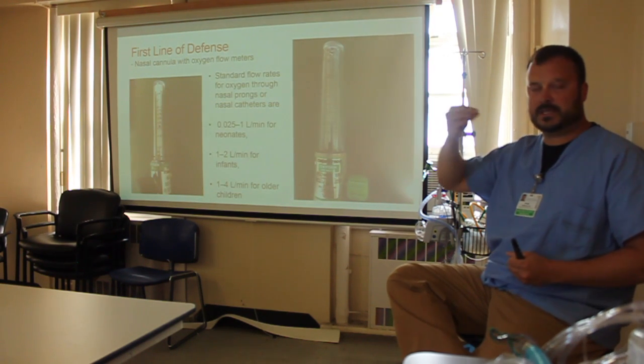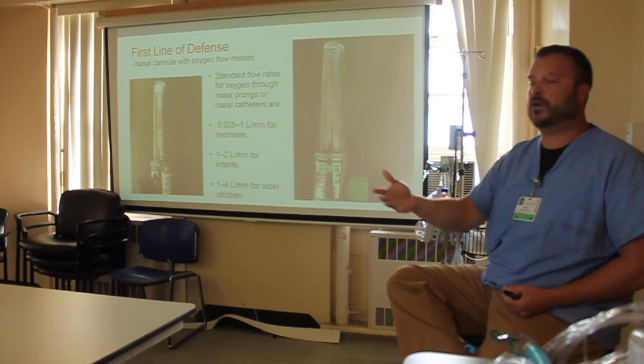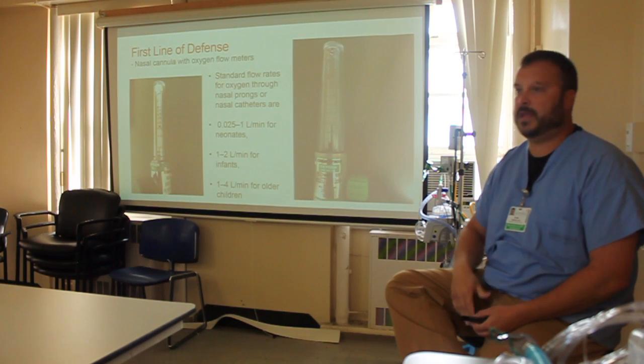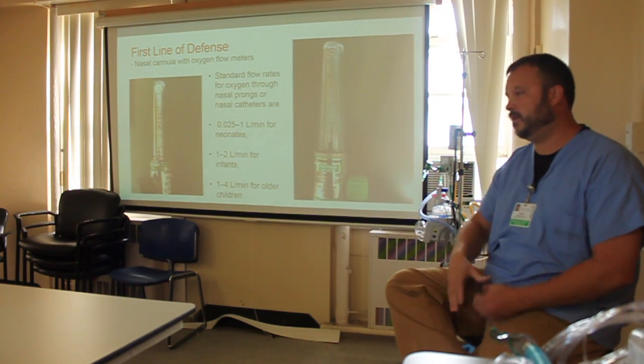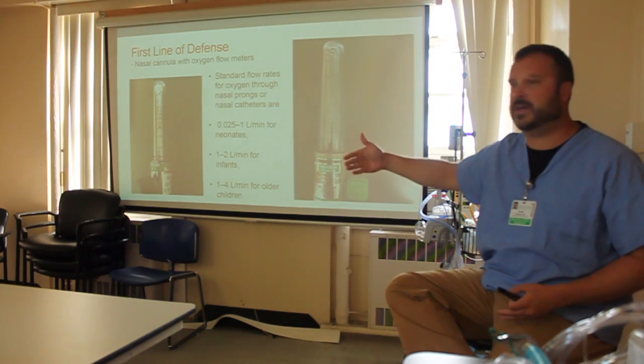So that 100% that's coming down the tube is now being diluted, so in adults, we can guesstimate that at 1 liter, we're sort of getting 24%. At 2 liters, we're getting 28%. And for the rest of you math whiz people in the room, just keep adding 4 every time we add a liter to it, okay?